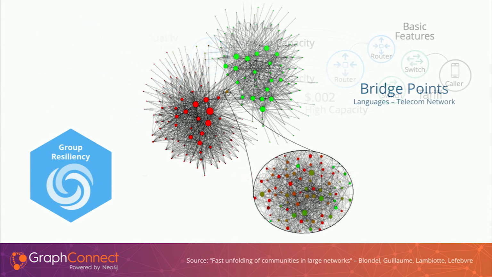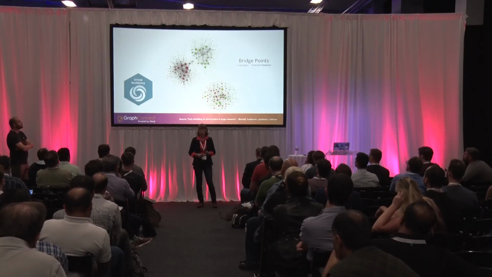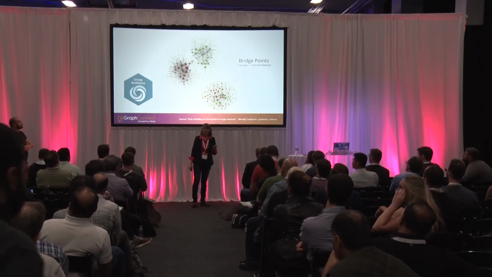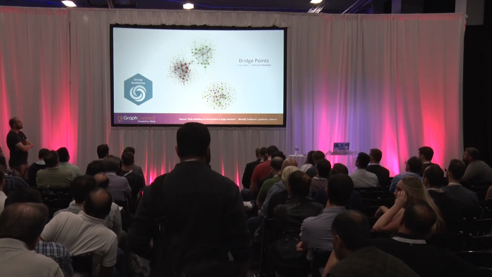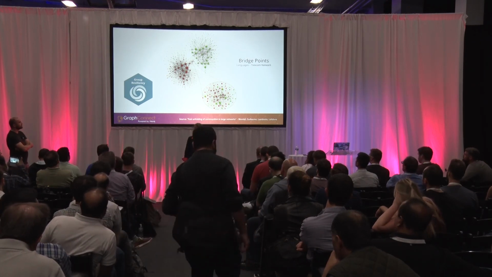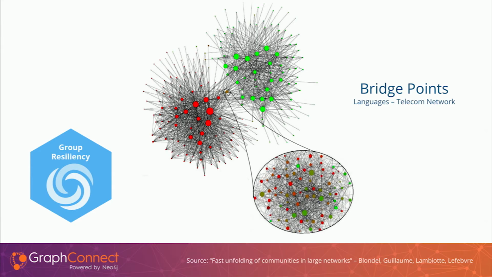And the other area that is really interesting is group resiliency. A really fascinating area in general, because you're looking at how groups possibly break apart, or how you bring groups together. What's the stability of a group over time, and what are the influence points? This diagram is from a study of hierarchies in a Belgian telecom network. The items in red are French speakers, and the items in green are Dutch speakers.